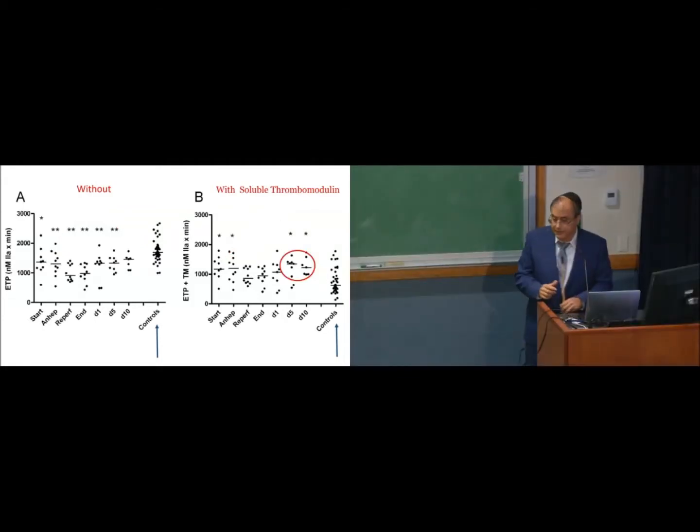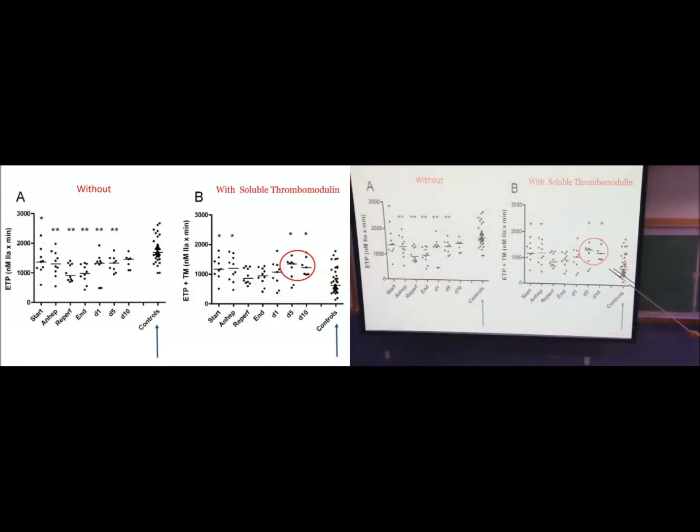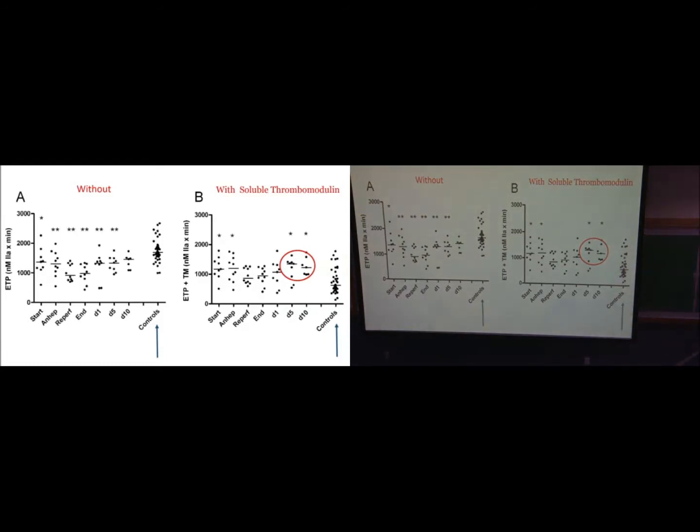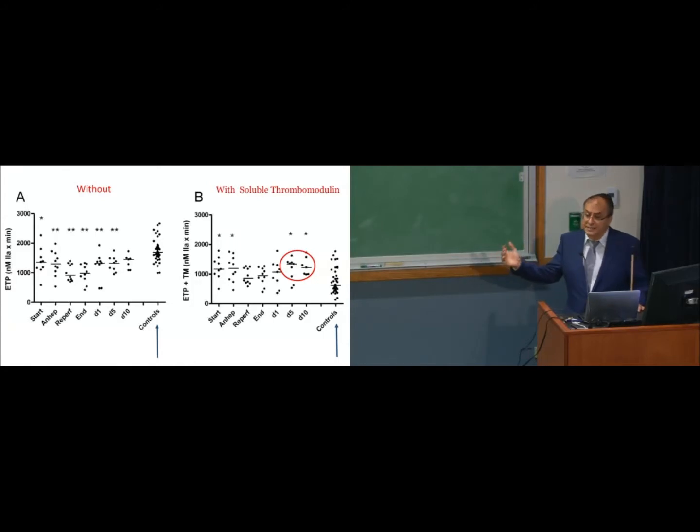Equally important is the finding that this resistance to thrombomodulin, protein C, and excess thrombin generation in the recipients persisted 5 and 10 days post-transplant, still higher than control. That is, the hypercoagulability state of cirrhosis extends way beyond the first few days of transplant.